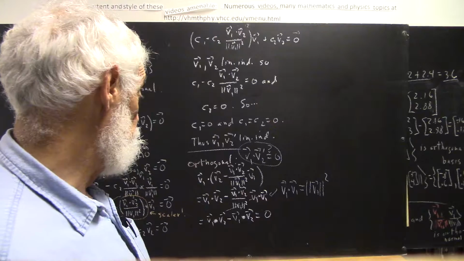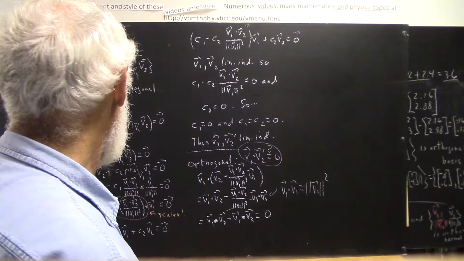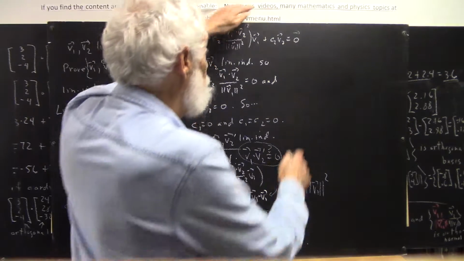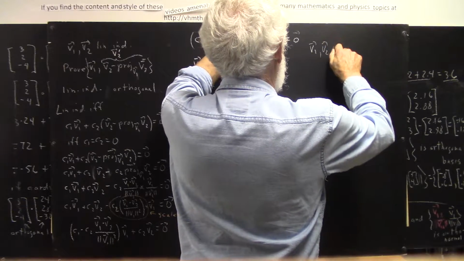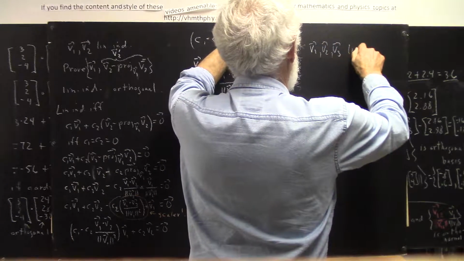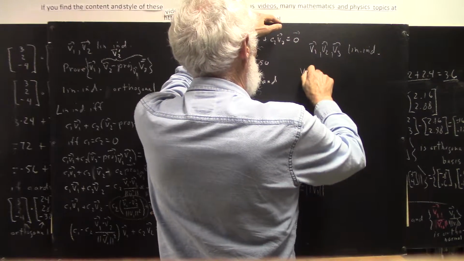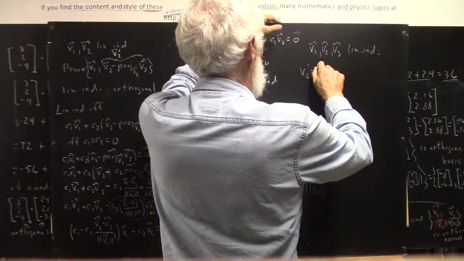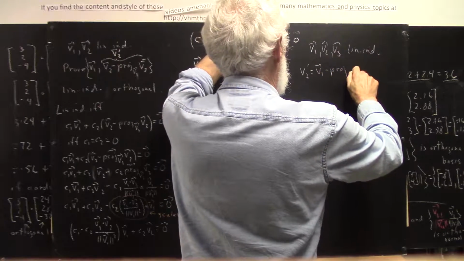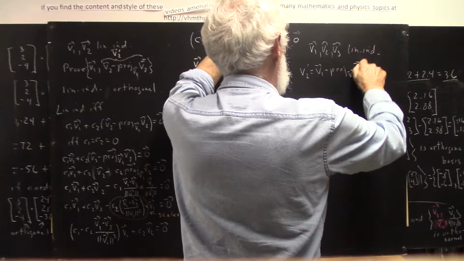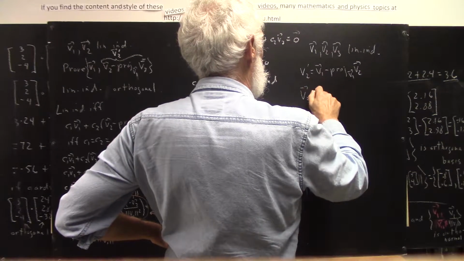Now the Gram-Schmidt process goes on to higher dimensions, to greater number of vectors. If you had V1, V2, V3 all linearly independent, then V2 prime would be V2 minus the projection on V1 of V2, and then V3 prime.